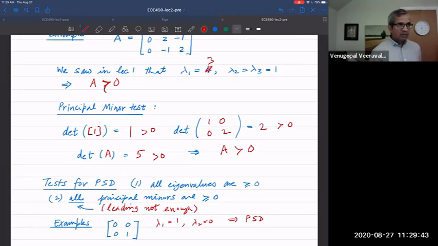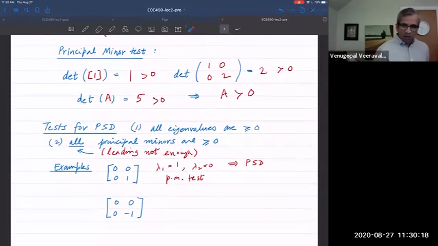Both the leading principal minors are 0, and so they're non-negative. You have to check all of them. So the first principal minor here is 0, this one is 0, but then you have to also check this one, which is positive, 1. So the principal minor test says that it's a PSD matrix.